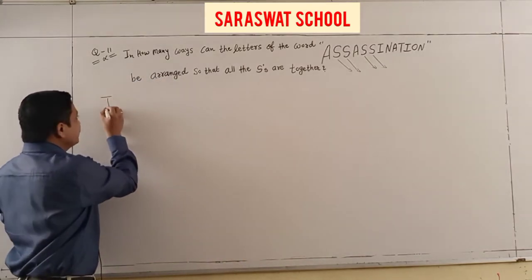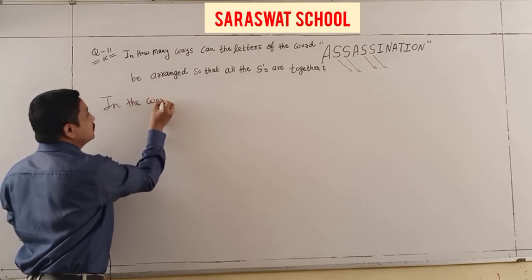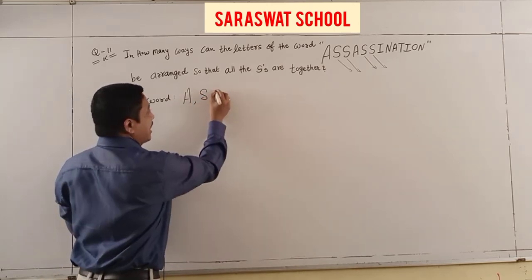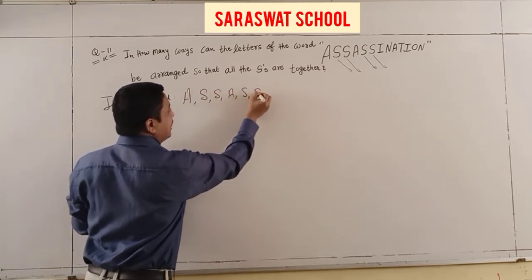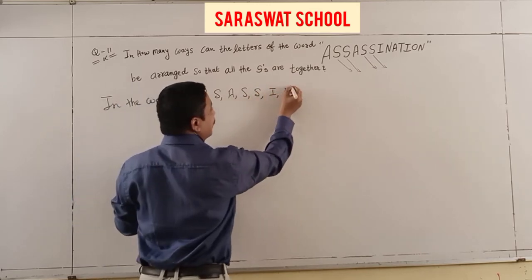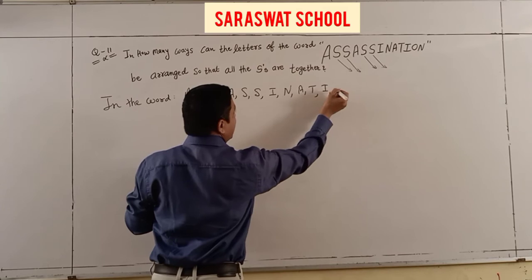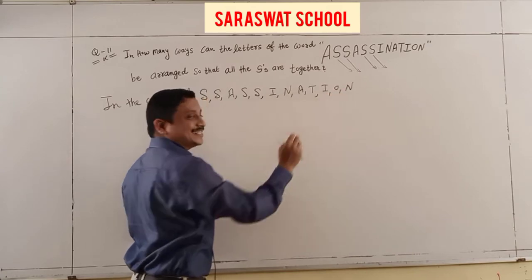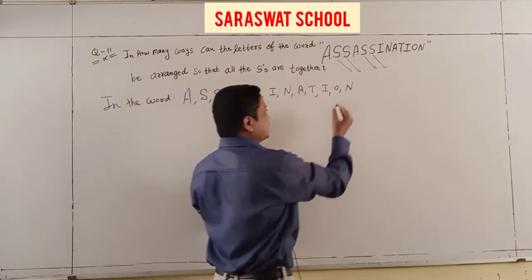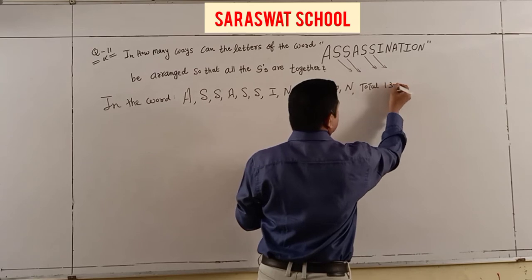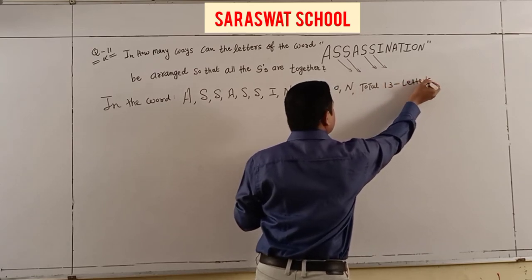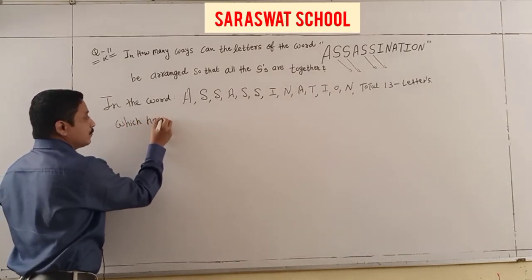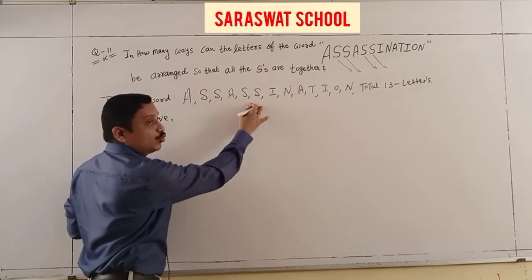So in our question, the word assassination: A, S, S, A, S, S, I, N, A, T, I, O, N, 1, 2, 3, 4, 5, 6, 7, 8, 9, 10, 11, 12 and 13. So in the word assassination there are a total of 13 letters, which have repeated letters: S 4 times.